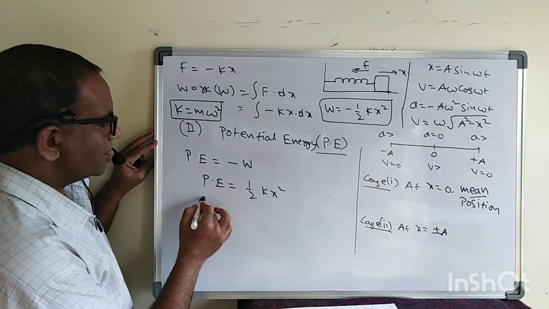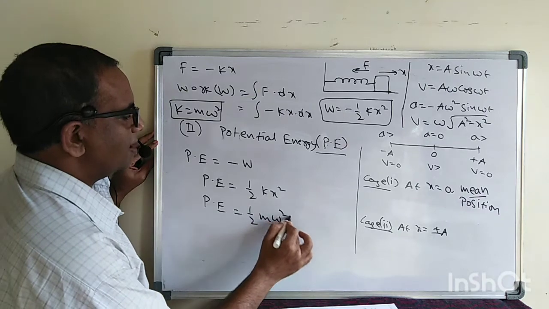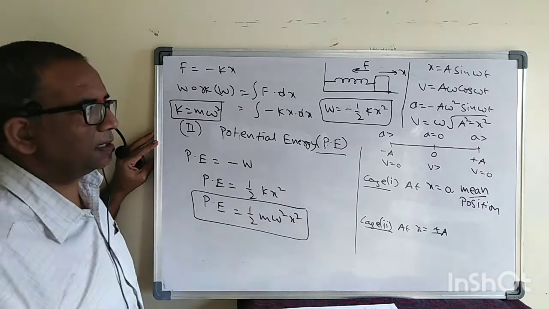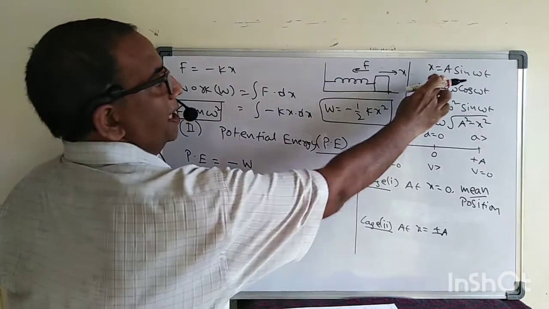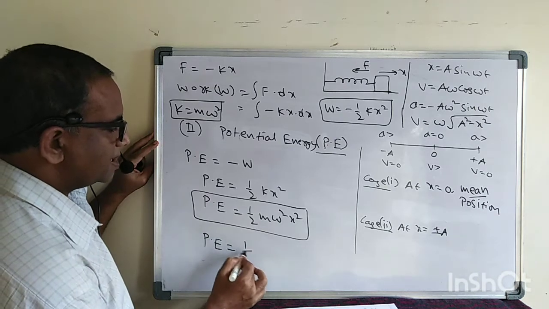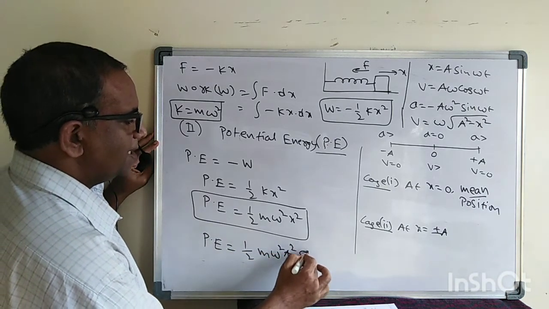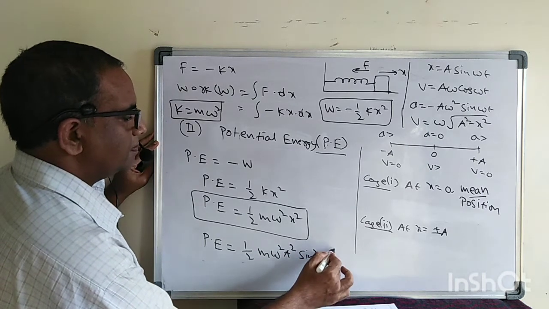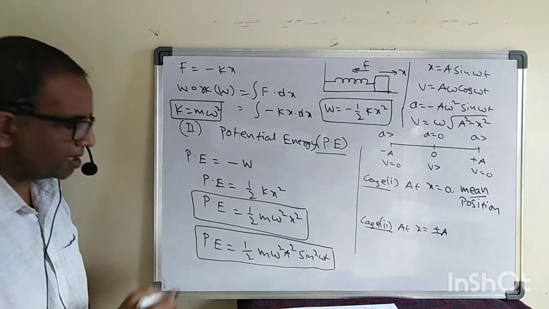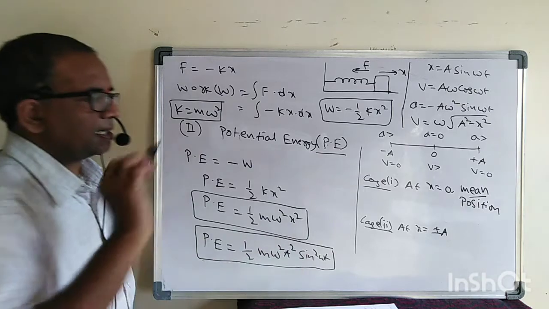So therefore, the potential energy is nothing but half m omega square x square, in terms of displacement. And x is equal to a sin omega t. Therefore, the potential energy is half m omega square a square sin square omega t. Are you following what I am saying? Potential energy is half m omega square a square sin square omega t.